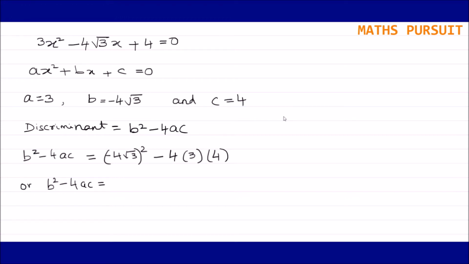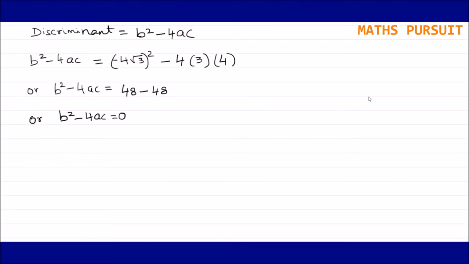So 4 times 4 is 16, into 3 is 48. Then 48 minus 4 times 3, which is 12, into 4, also 48. So b² − 4ac is equal to 0. So guys, you could see that we got the value of the discriminant as 0.